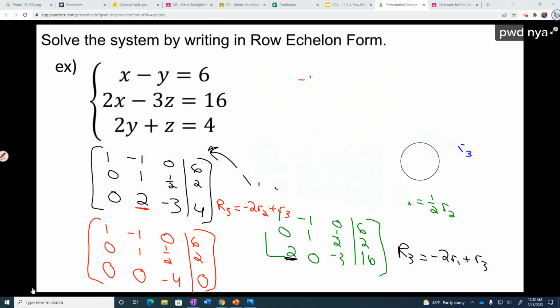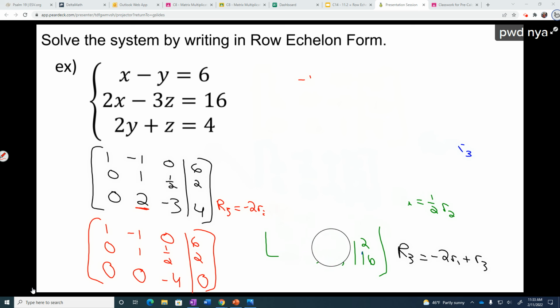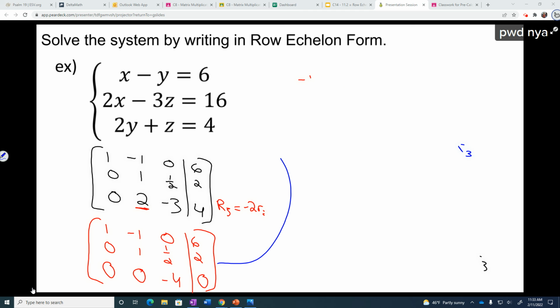Erase this. All right, so last one, to change that to 1, we just multiply by the reciprocal, right? So we're going to say R3 equals negative 1/4 R3, the reciprocal.